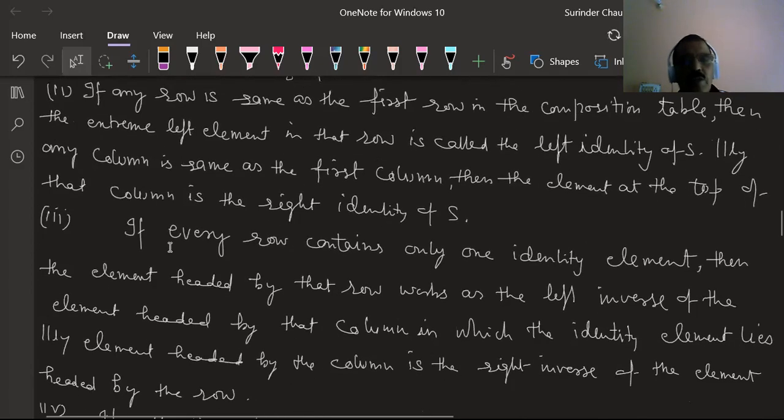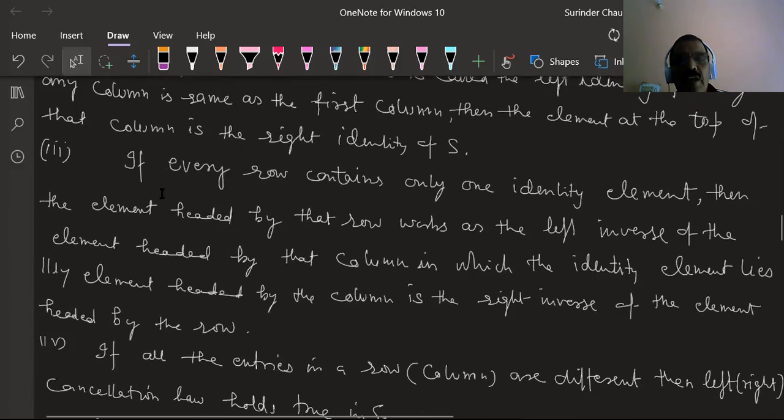Third, if every row contains the identity element, then the element heading that row and the first element of that row works as the left inverse of the element heading the column in which the identity element lies.